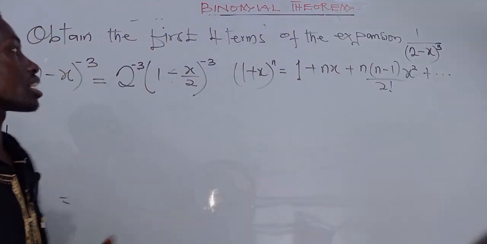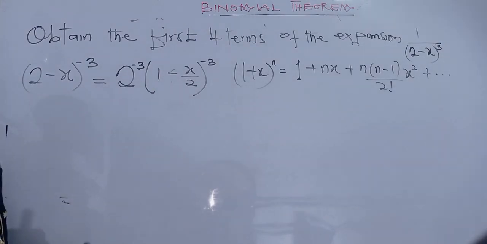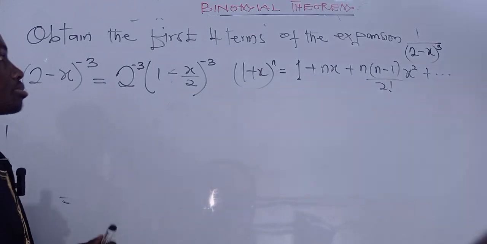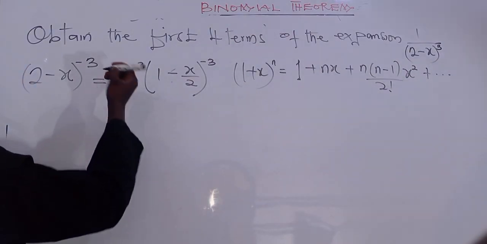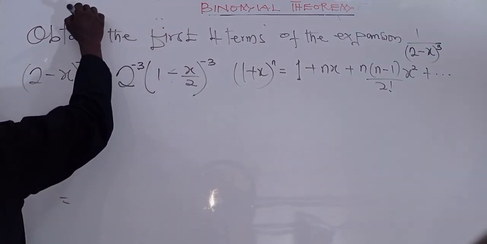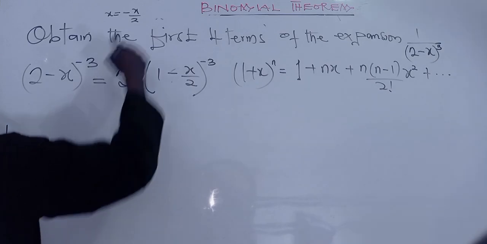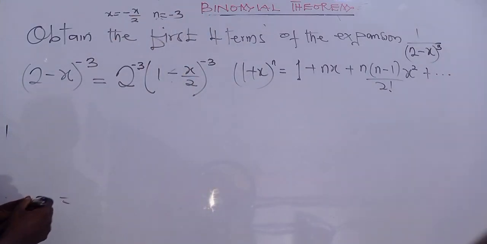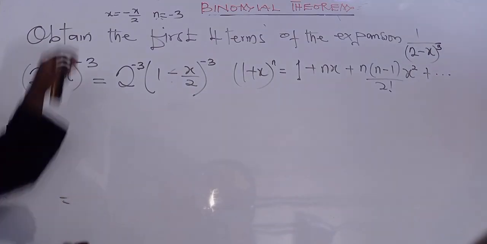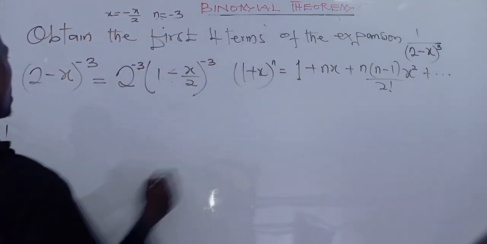That is the reason why we massage this function to get the first term to be 1. So from here, our first term is 1, our x is equal to minus x over 2, and our n is equal to negative 3. So we are just going to substitute these parameters into this formula.